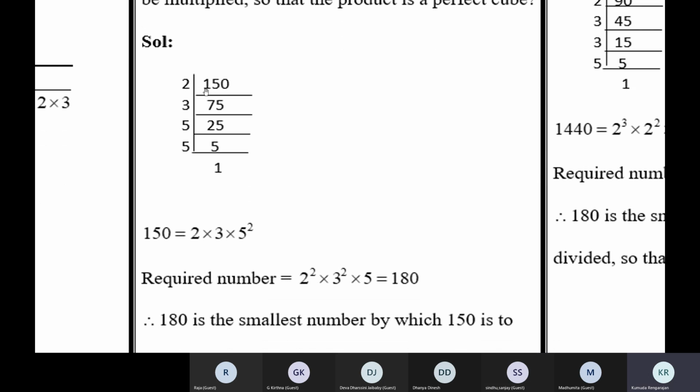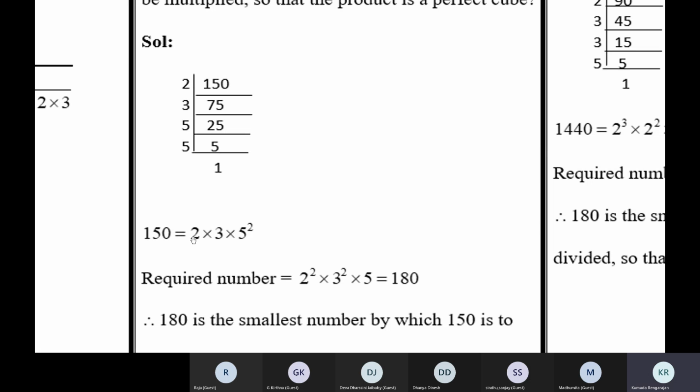So all that we have to do is to find the prime factors of the number 150. So 150 can be expressed as 2 into 3 into 5 square. Now to find the number that is to be multiplied to 150, you need to use all the numbers that do not occur in threes.